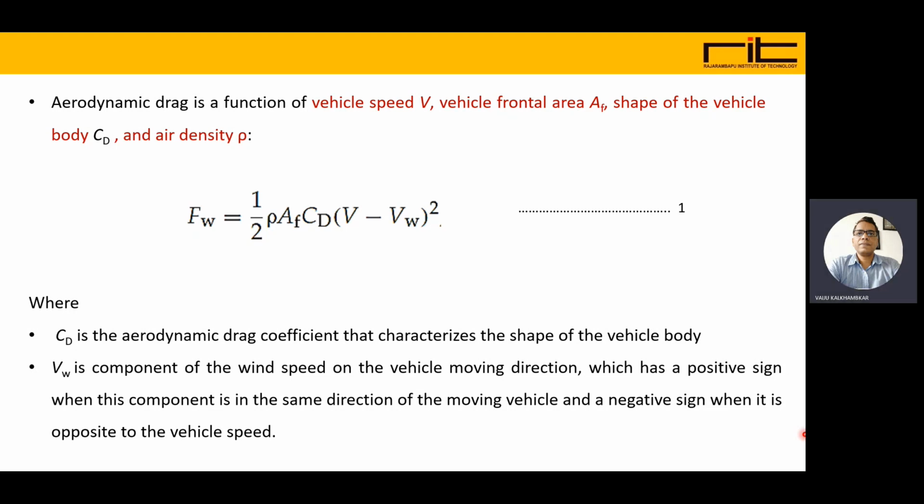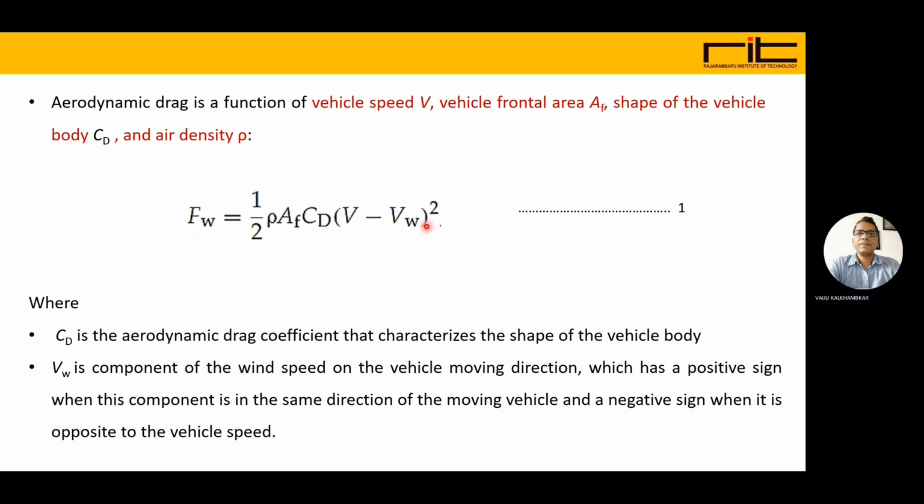We can summarize this and write it as aerodynamic drag Fw equals 1/2 rho AF, that is the frontal area, times CD, the shape of the vehicle body, times (V minus VW) squared.